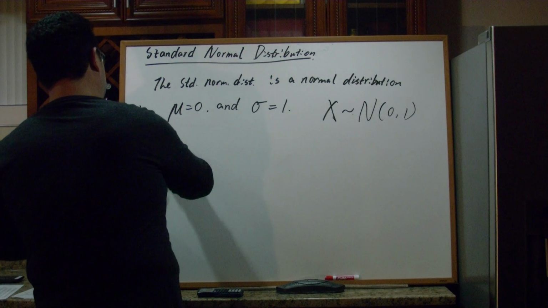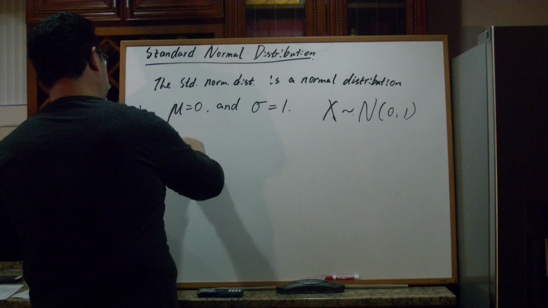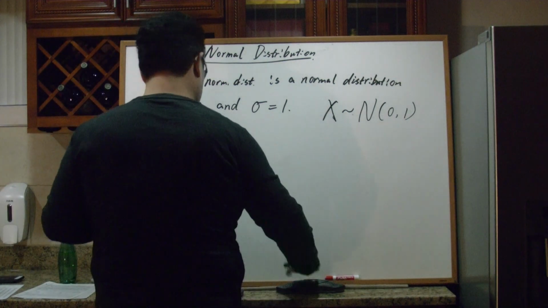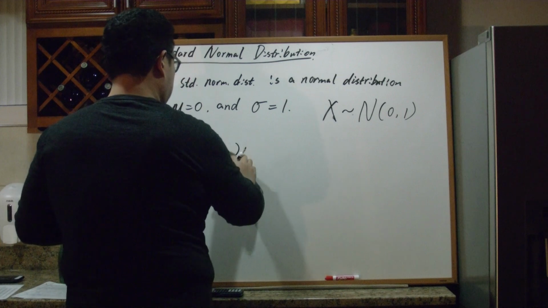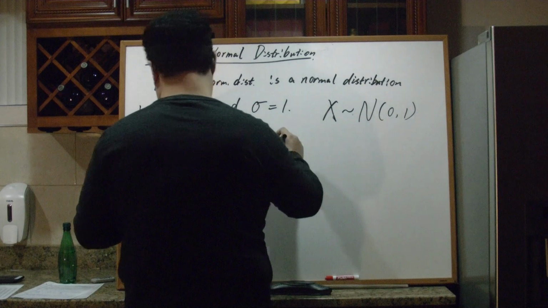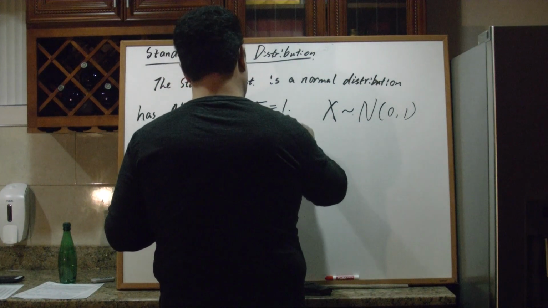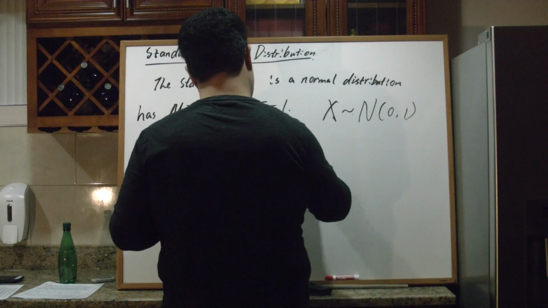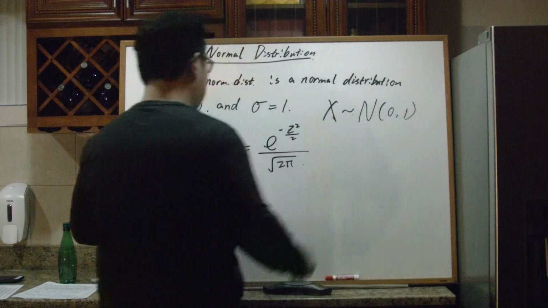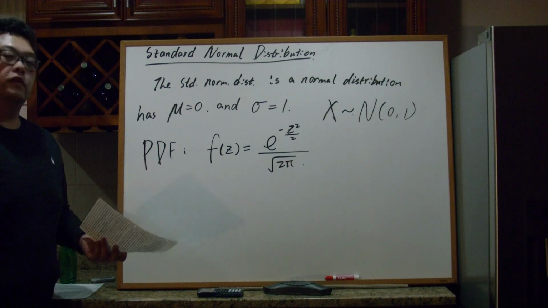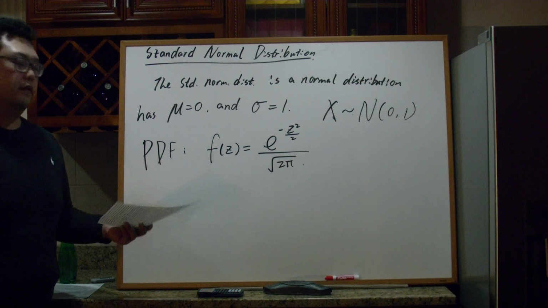Its probability density function is e to the minus z squared over 2, over the radical of 2 pi.